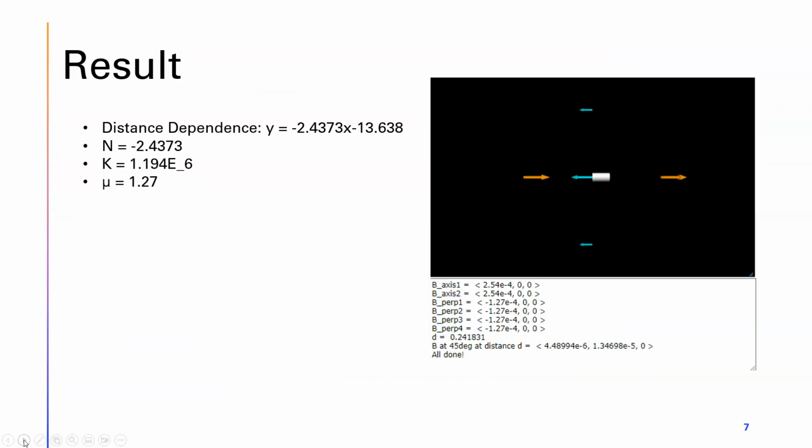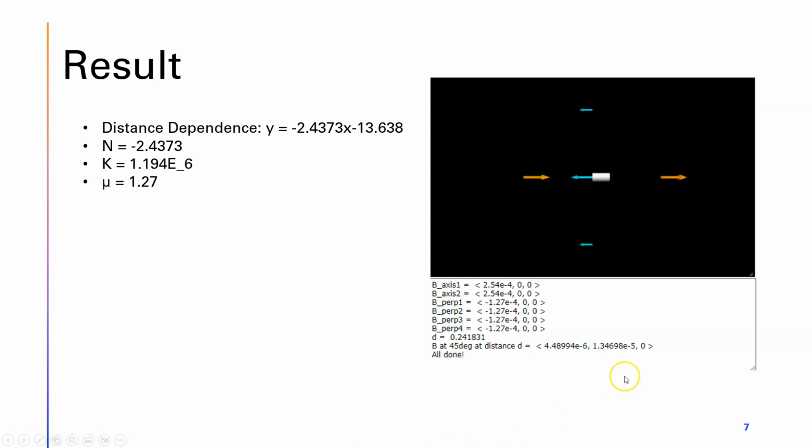So our distance dependence equation is y equals negative 2.4373 x minus 13.638, where n is our slope, k is equal to e to the power of our intercept, as ln k is equal to our intercept, and then mu, from the equations mentioned in our physics concept slide, is equal to 1.27.